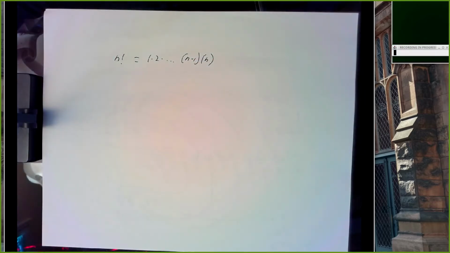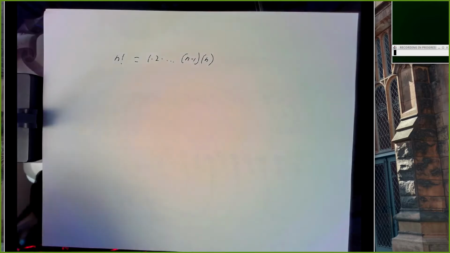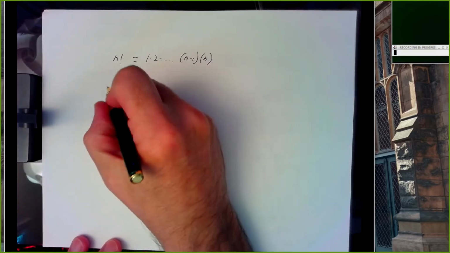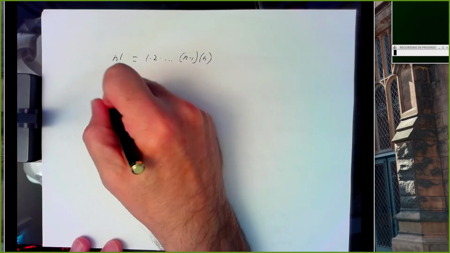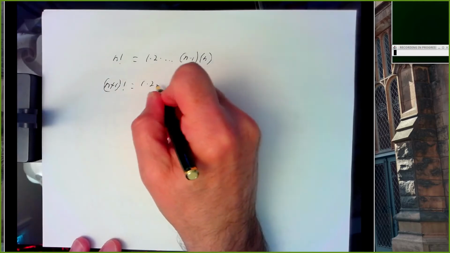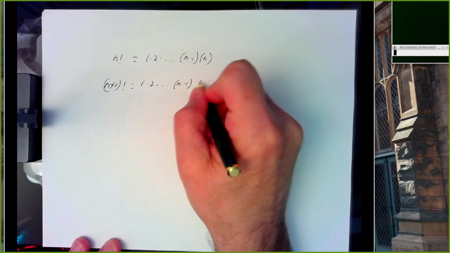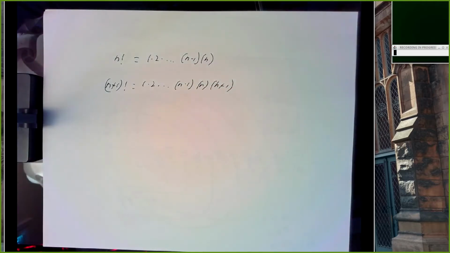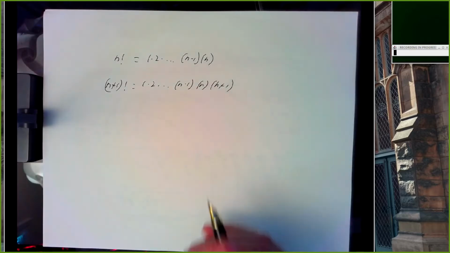But some things to keep in mind when you're trying to do things with factorials. So n factorial is just the product of all integers up to and including n, right? Integers bigger than or equal to 1. And so if we look at (n+1) factorial, it looks like this. Product of all integers up through n+1.